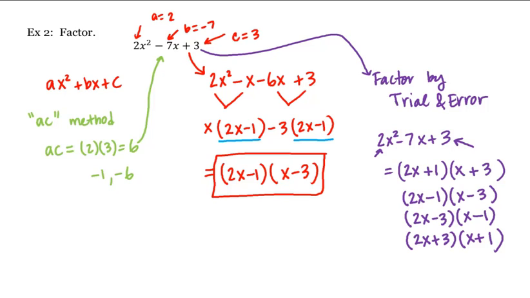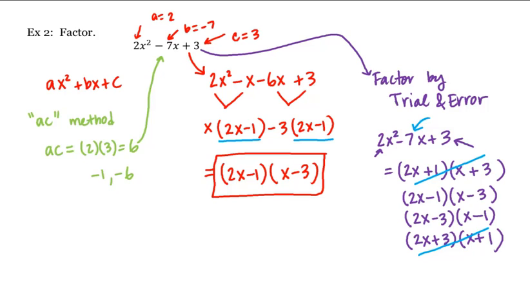Now remember that our outer and inner terms would have to combine to give us this negative 7x. Therefore, this first choice here, this plus 1 plus 3, as well as the last choice, the plus 3 plus 1, can't work because their outer and inner terms would combine to give us a positive number, which means these middle two here would be our only possibilities.